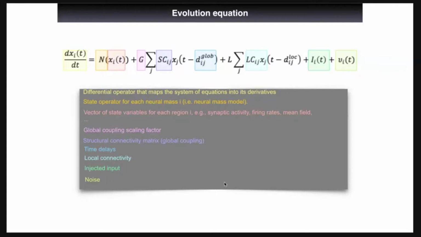For this, we have the second sum operator and the lateral connectivity kernel LC, which is also scaled with the scaling factor L. One can also add a stimulus function I and also external noise.